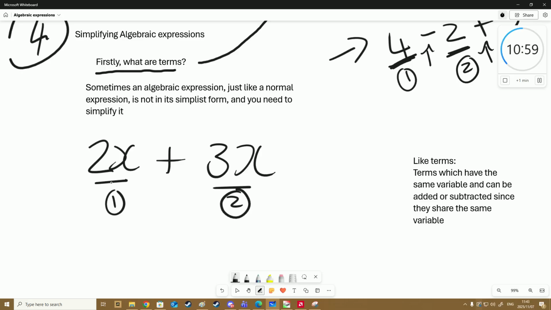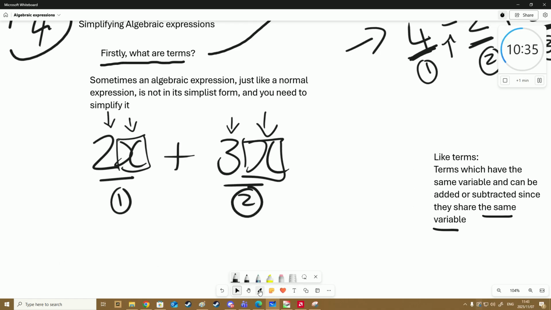Like terms are terms which have the same variable and can be added or subtracted since they share that same variable. Over here the coefficient is 2 and the variable is x. Over here the coefficient is 3 and the variable is x also. Since the variable is the same here and here, we can add these two terms together.